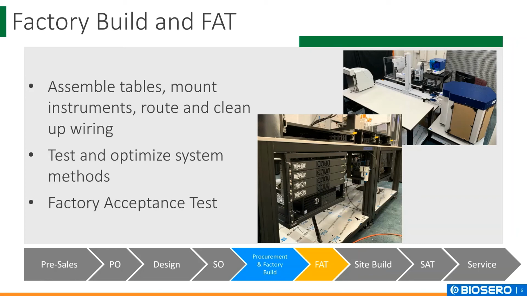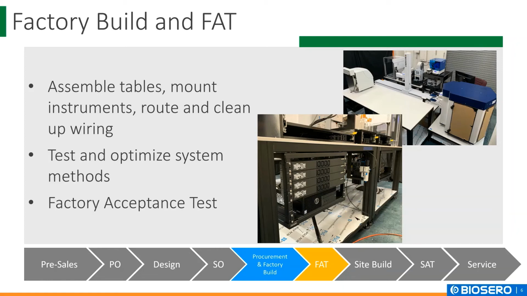If we don't have one or more of the instruments that will ultimately be used in the system, we can simulate them by using a plate nest in location of the instrument and then simulating its operation in Green Button Go. We then conduct the factory acceptance test, which the customer is invited to, although they don't always need to attend. We also record this test on video.